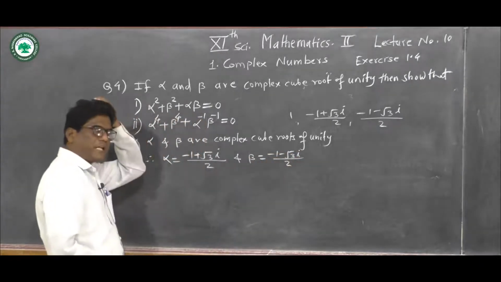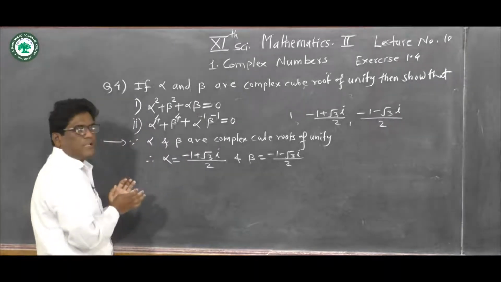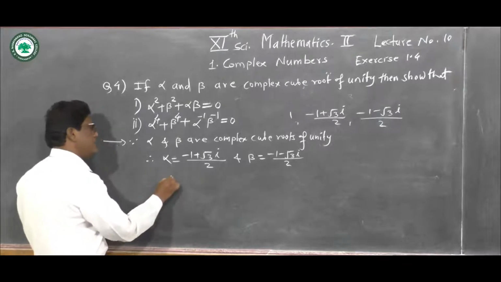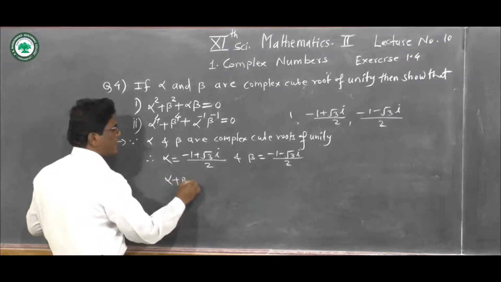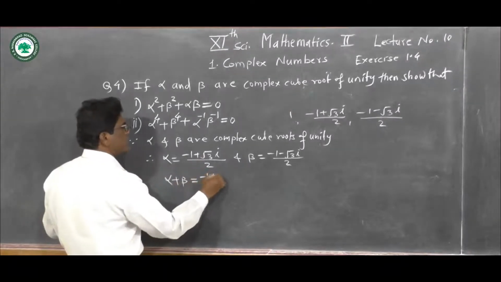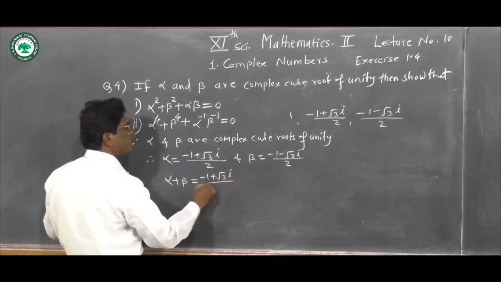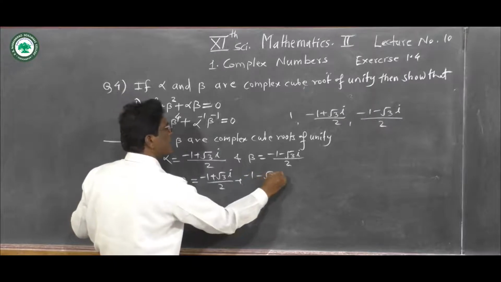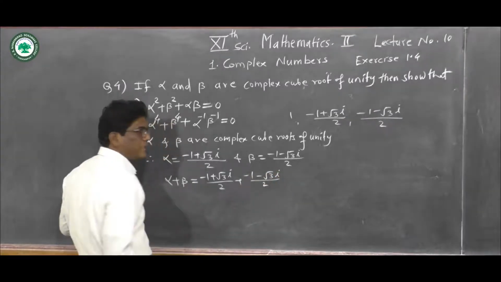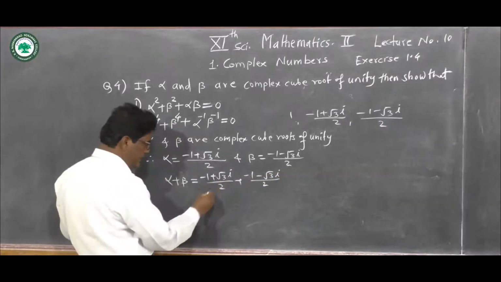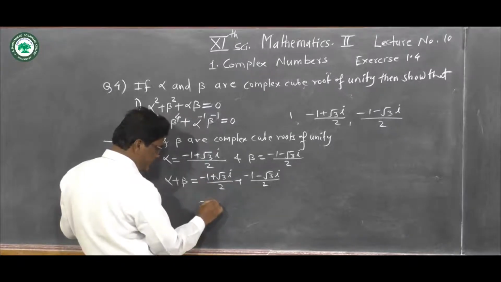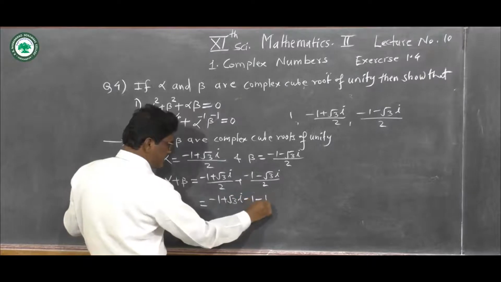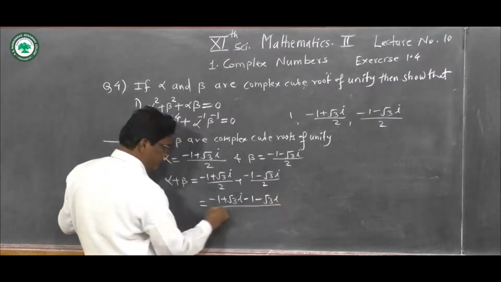Now here we take the addition of alpha and beta and the product of alpha and beta. So now consider alpha plus beta. This is equal to minus 1 plus root 3i divided by 2 plus beta, minus 1 minus root 3i divided by 2. Okay. So here the denominator is the same. We add the numerators, that is minus 1 plus root 3i minus 1 minus root 3i, divided by 2.